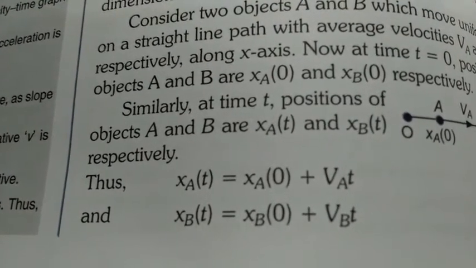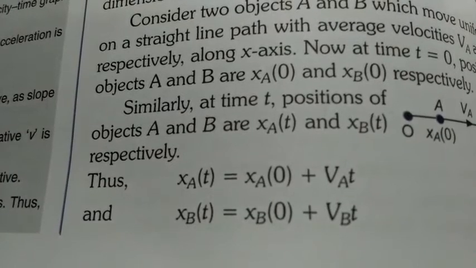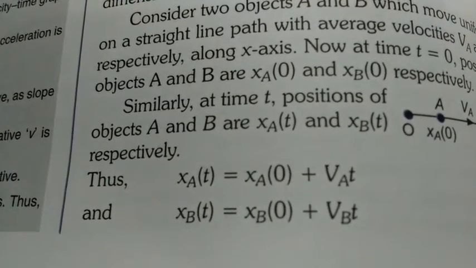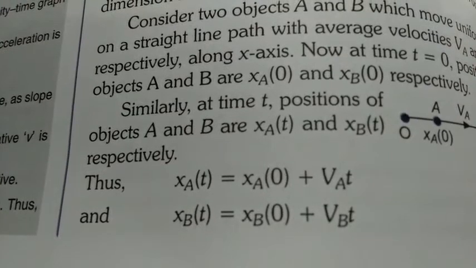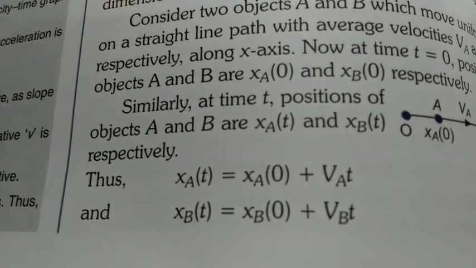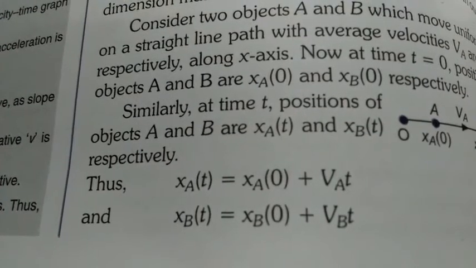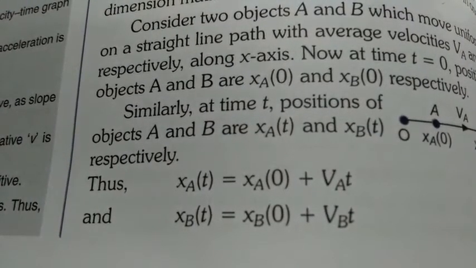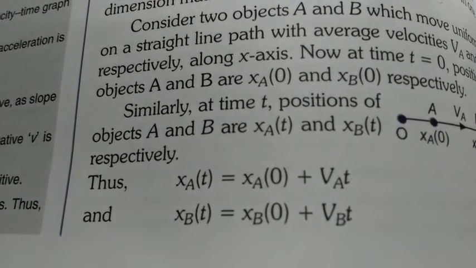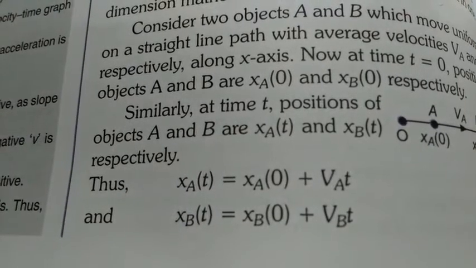Then xB(t) is the position of object B after time t. xB0 is the position of object B at time 0, that means at the initial time. VB is the velocity of object B, and t is the travel time.